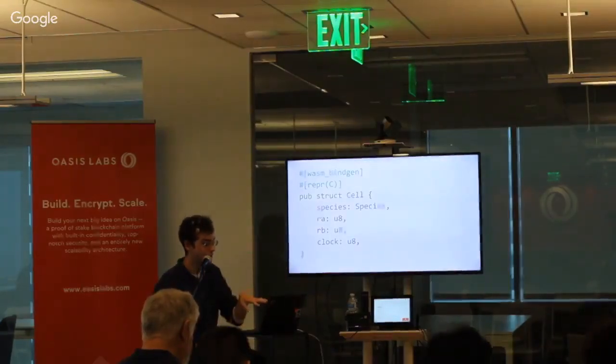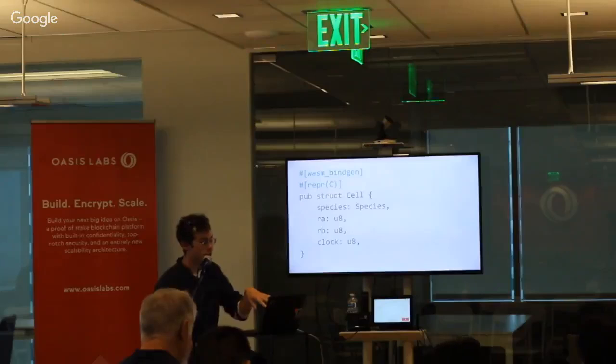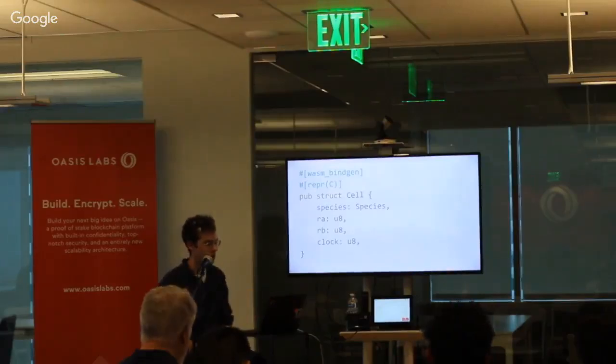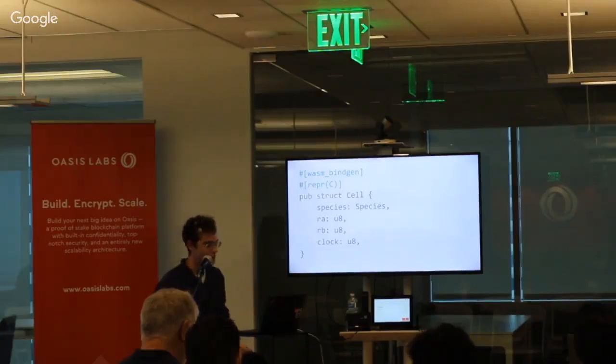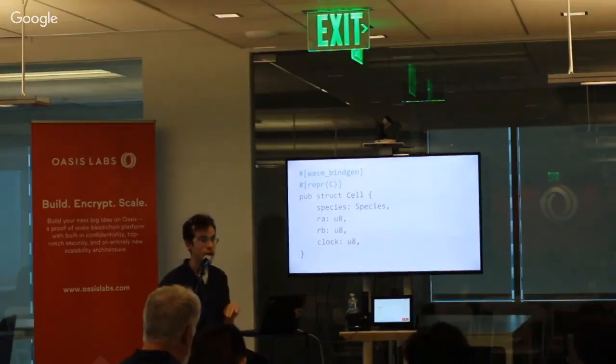One more thing to note about this data structure is that this is Rust code, and I've got some, I don't know what they're called, decorators or whatever, like extra annotations on this data structure. wasm_bindgen means take this data structure and export it to be visible to JavaScript.